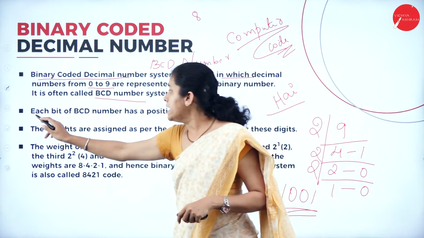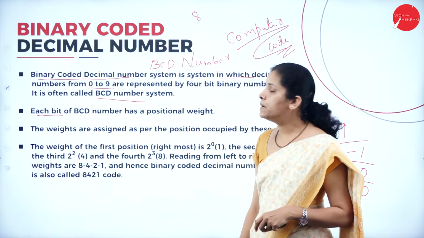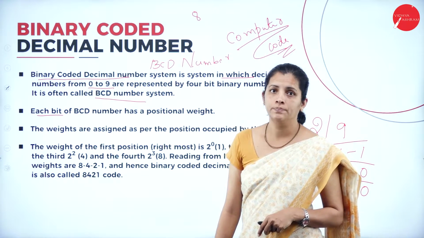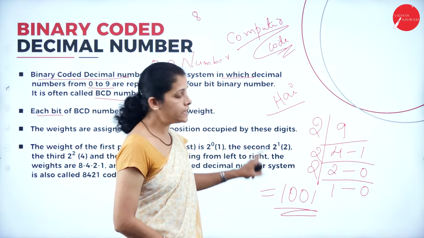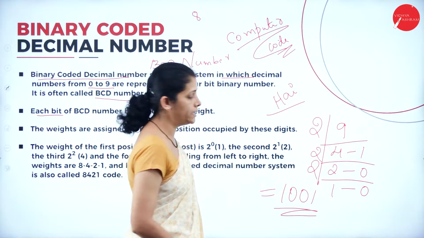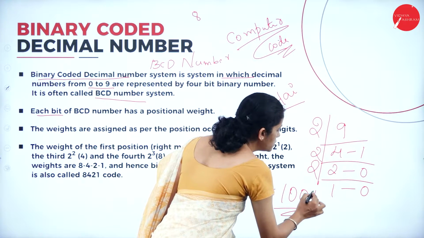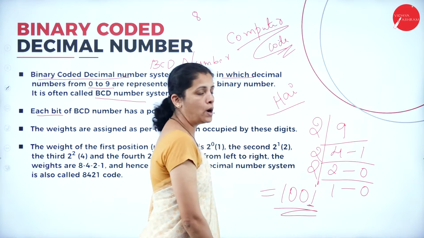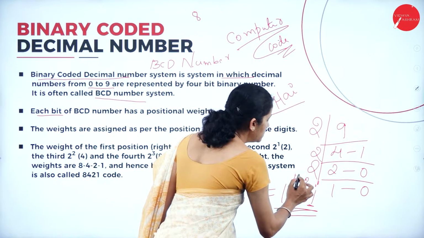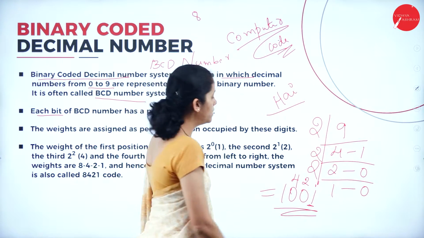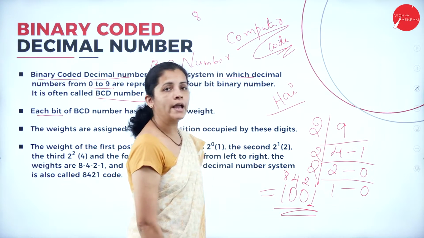Now each bit of a BCD number has positional weight. So dear student, if I consider BCD numbers, they have positional weight. That means the 0th position will have weight 1, the first position 2, the next position 4, and the next position 8.